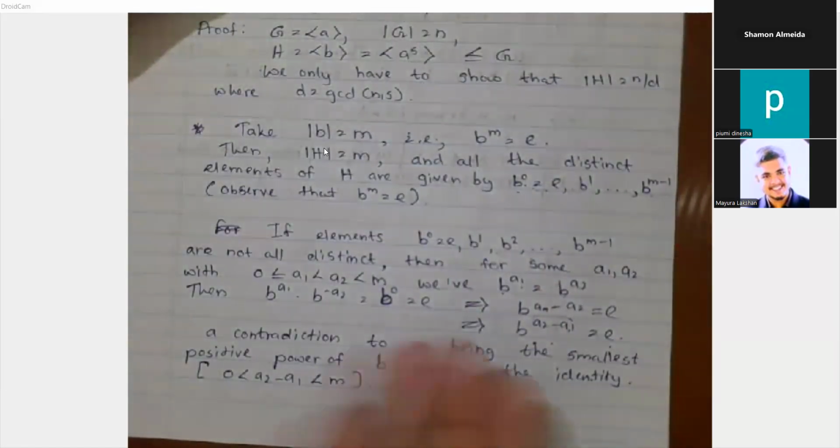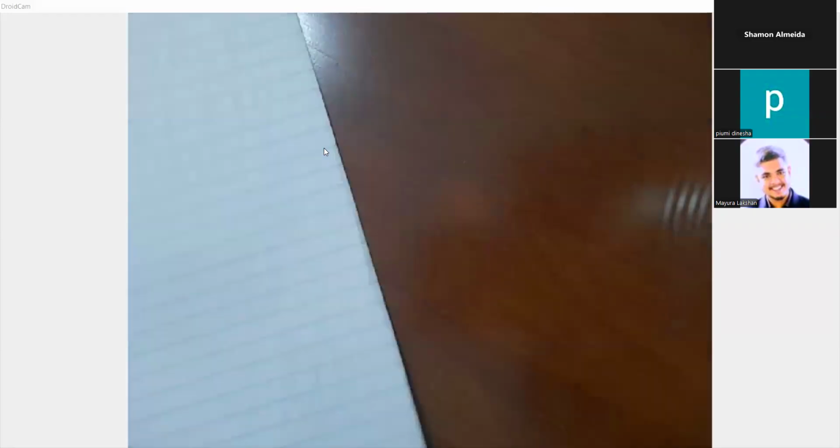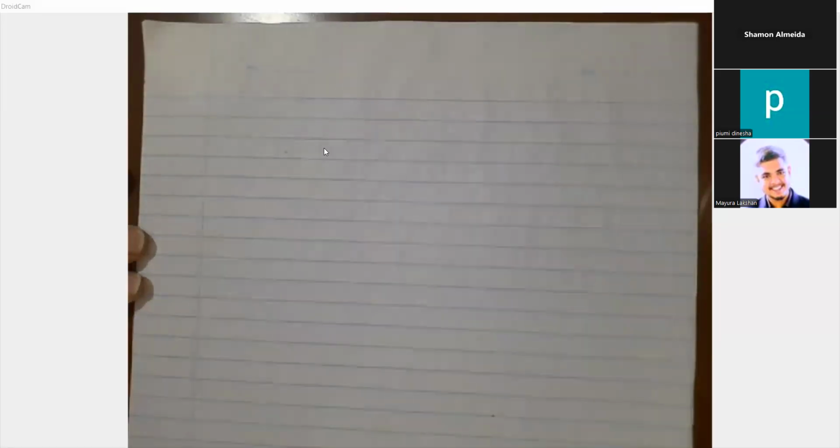Powers of B that are not in here. So in our next step, we will show that these are the only elements that could belong in this set. Right. How do we do this? We will use a little bit of number theory in here. Okay.